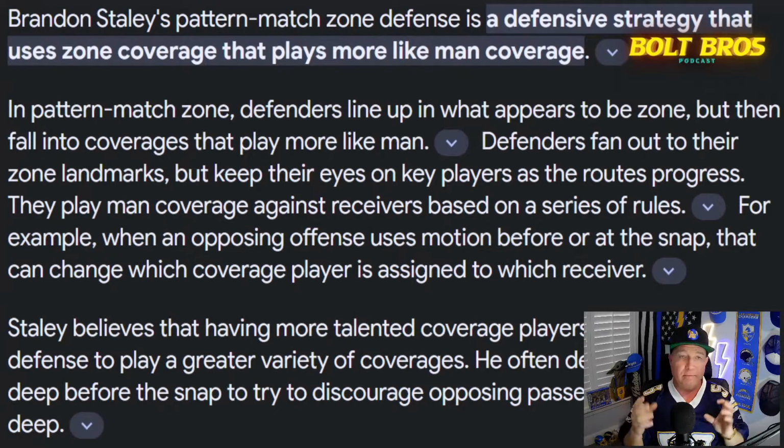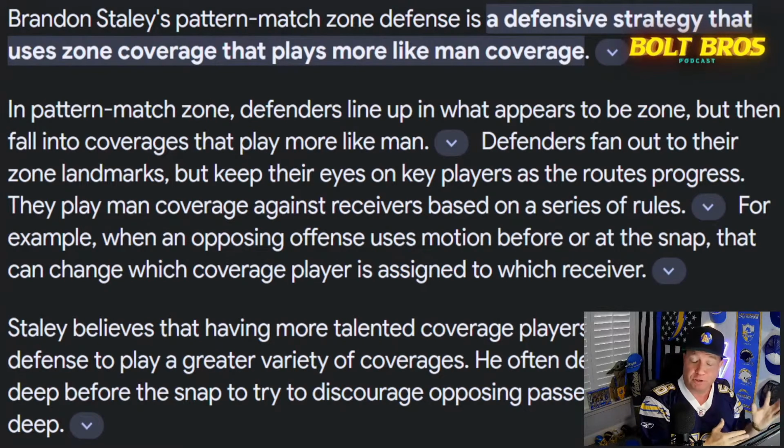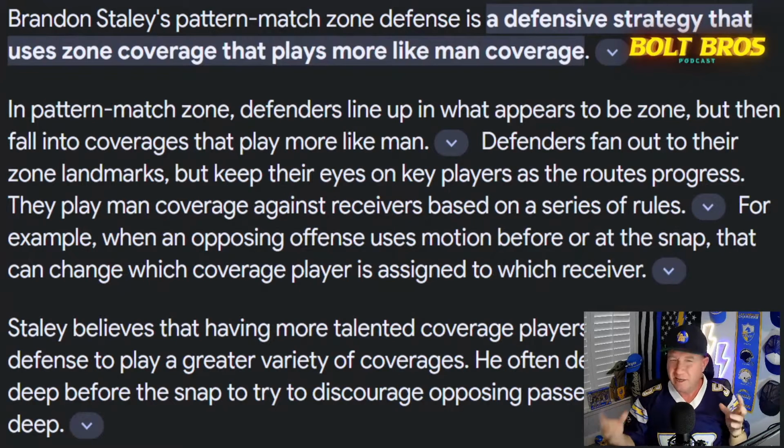Everyone knows that. That's why motion is so important. Quite frankly, this is partially why this pattern match defense is supposed to be so good, because it's adapting to what they're showing. Does that make sense? So it should, in theory, be better. But again, bottom line, the defenders are getting confused. I'm going to show you more slides and a couple plays just to accentuate that conversation.